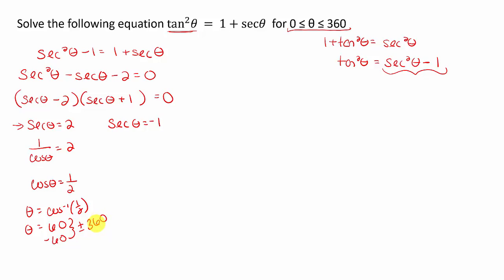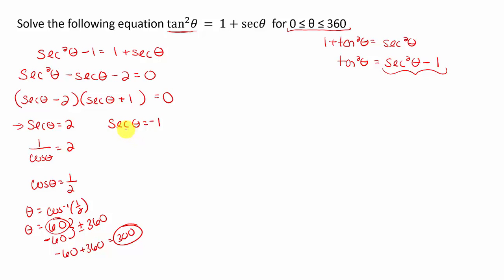You have to know those rules, okay? In this case, I know that 60 is between 0 and 360. If I add 360 to that, it's not going to put me between 0 and 360, and subtracting 360 would give me a negative value, which isn't going to work either. So if I take negative 60 and add 360, I get 300, and that does work. So those are the two answers I get from this one.